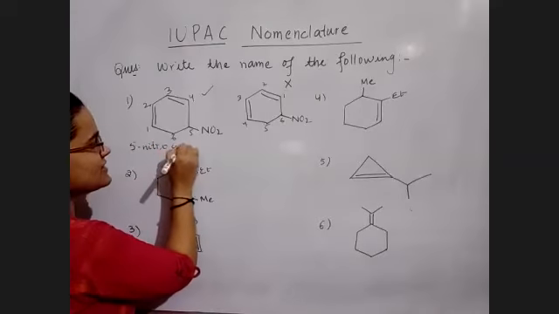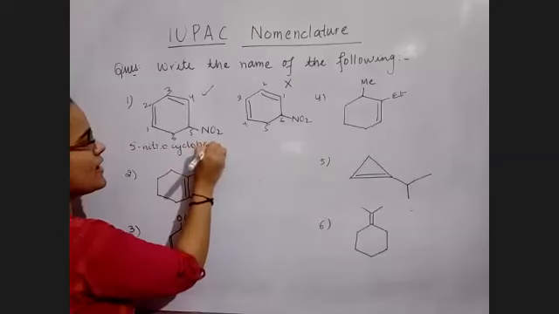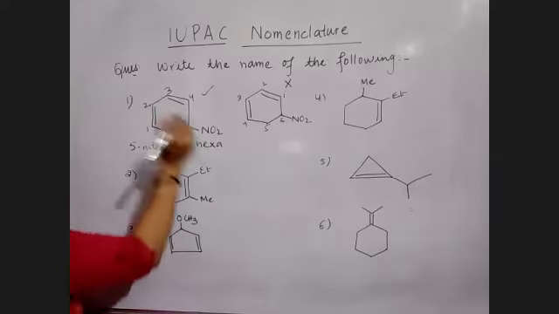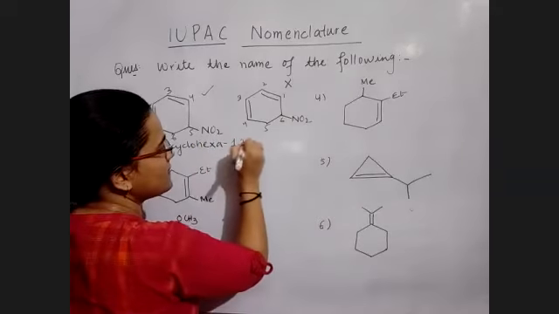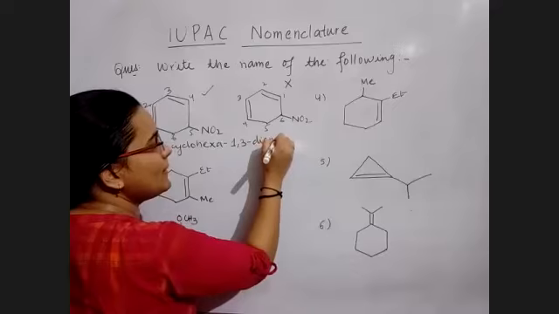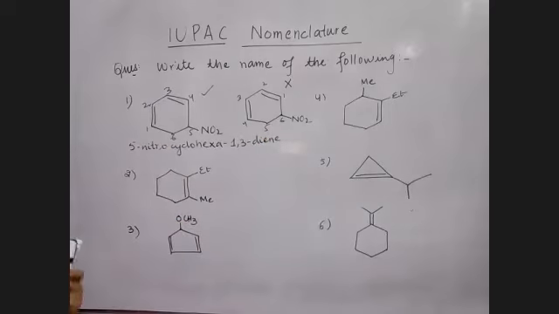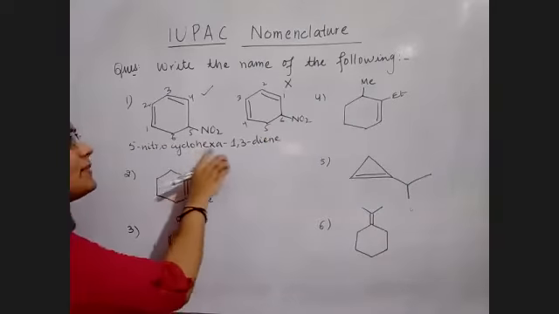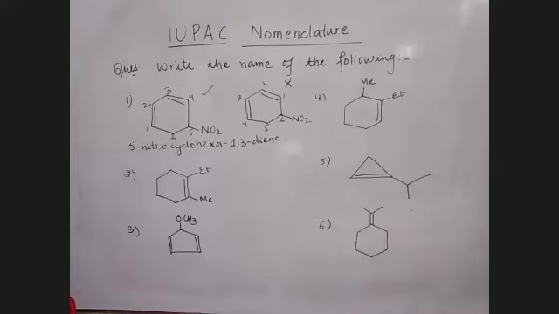This is cyclic ring. So name is cyclohexa-1,3-diene. Whenever two double bonds are present, then hex becomes hexa, hept becomes hepta. This is the name. Any confusion in this question?